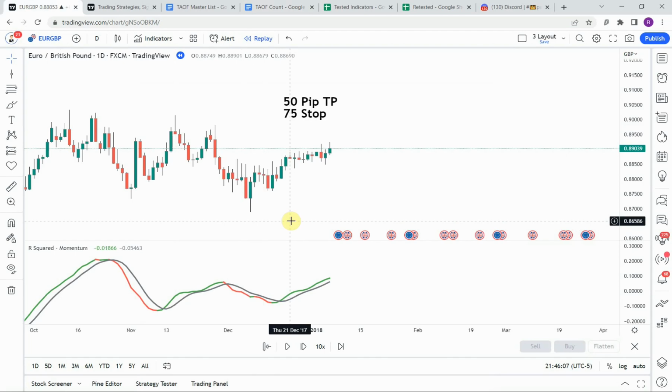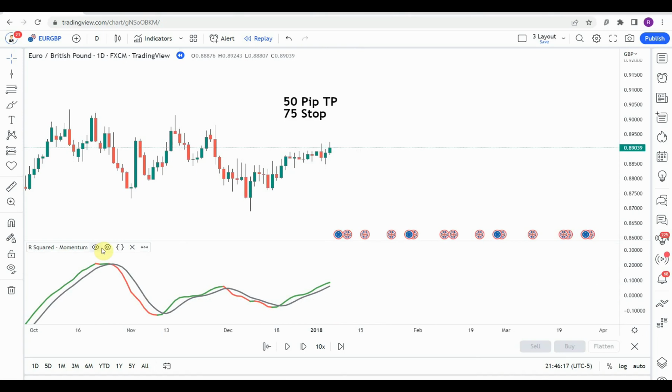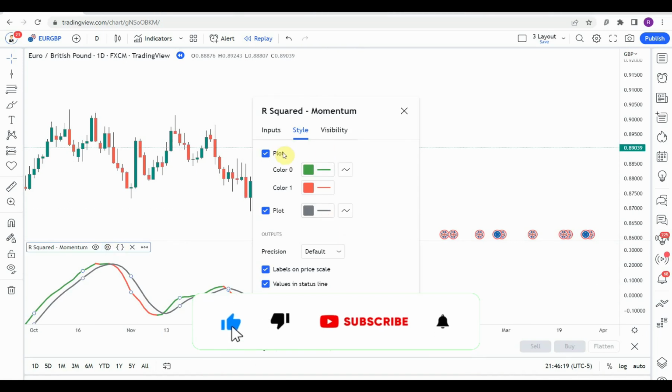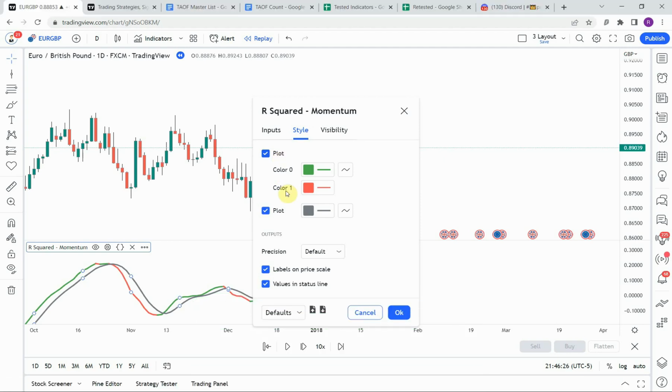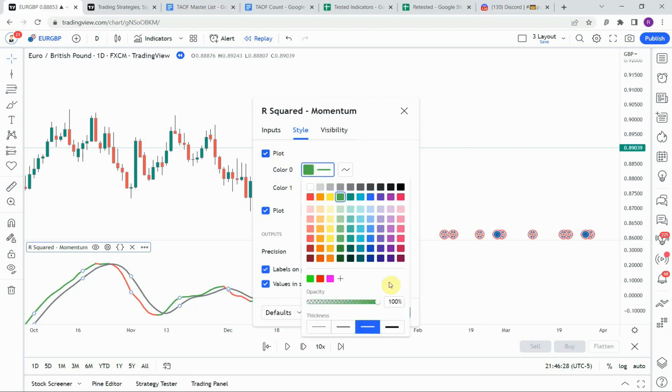Alright, so today's indicator is the R squared momentum indicator, and you can see it here on the bottom of the screen. The setup on this is pretty easy. I did go in and change a few of the settings here. It's basically just the visual settings, I didn't change any of the actual calculations.